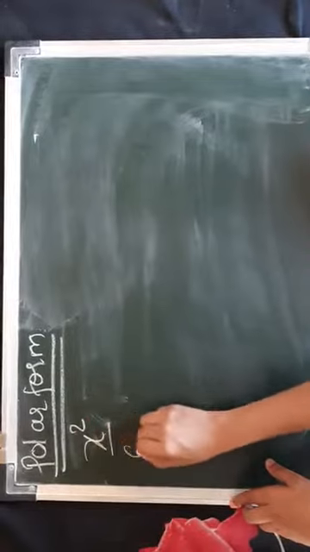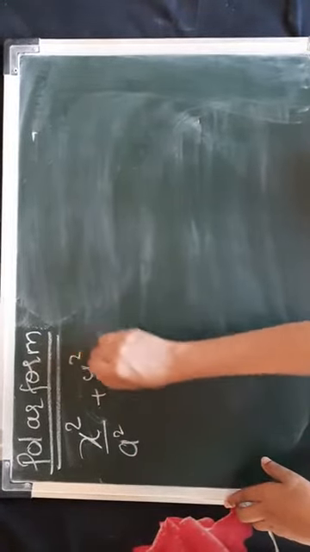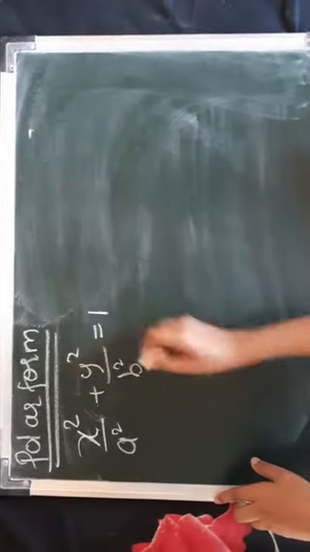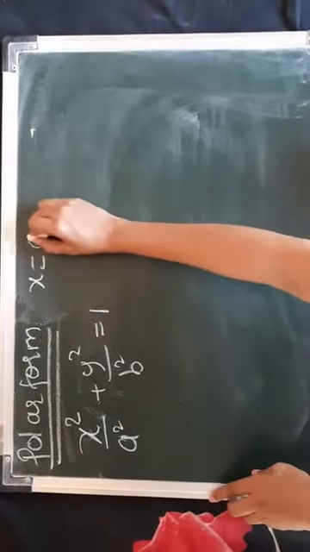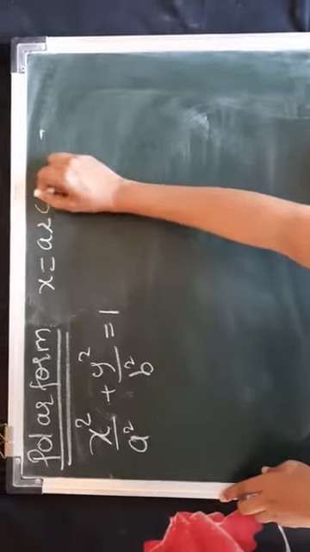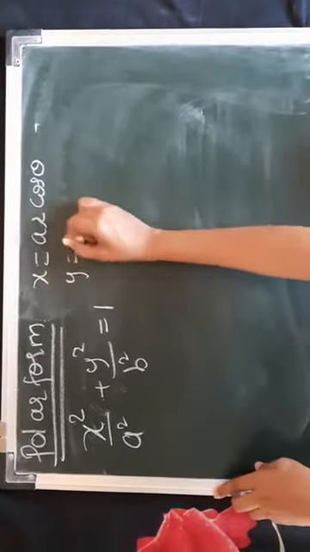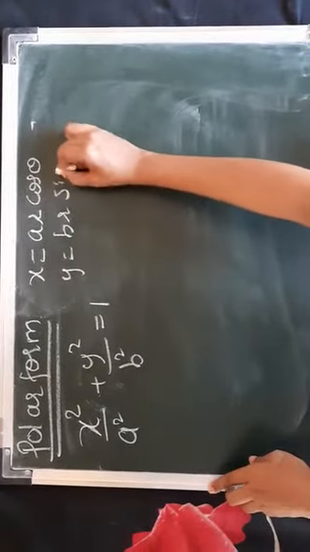Suppose your ellipse is given by x square by a square plus y square by b square is equal to 1. I am not going to use your normal substitution of x equals r cos theta. I'll use x equals a r cos theta and y equals b r sin theta.